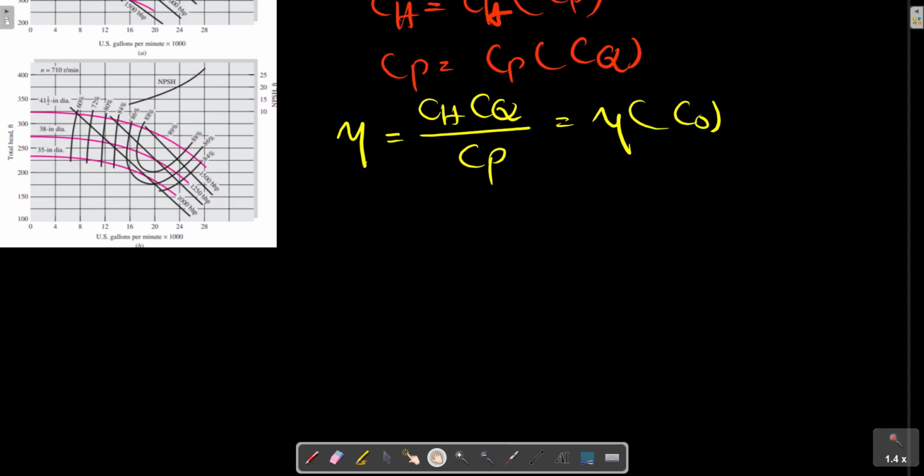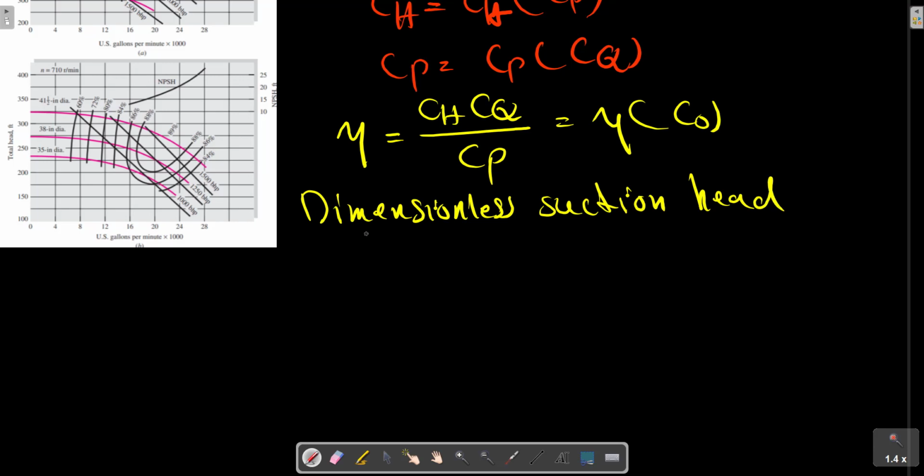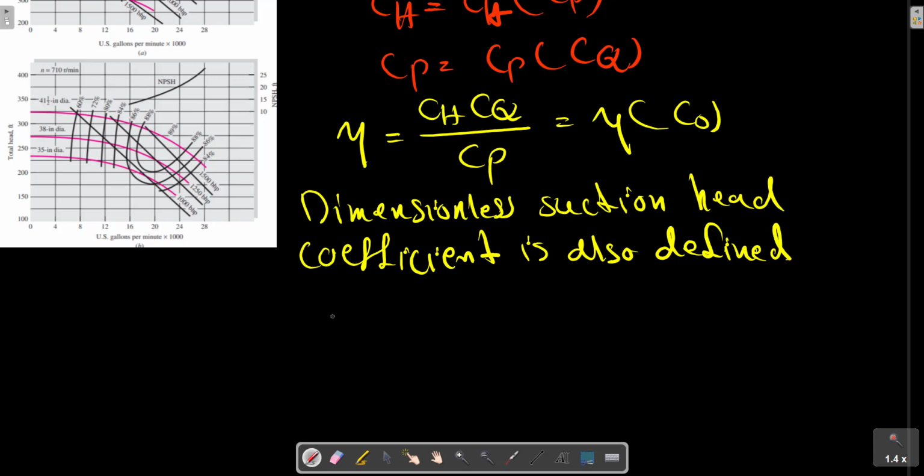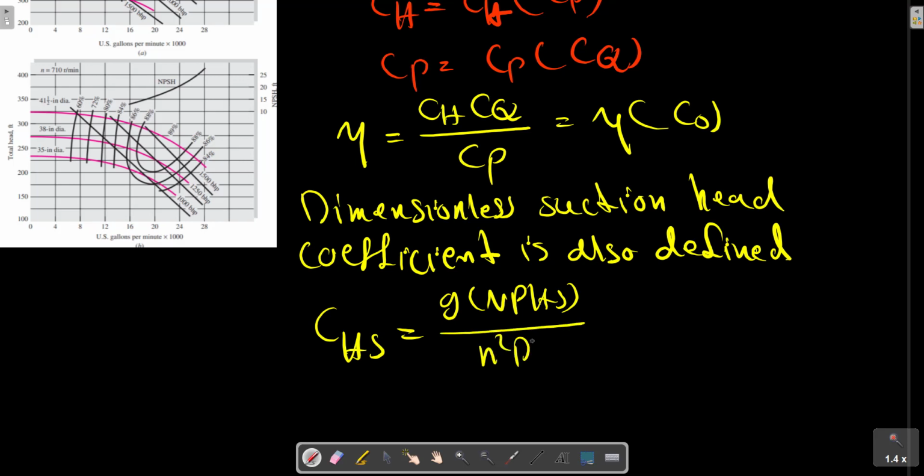The dimensionless suction head coefficient is also defined as CHS, equal to NPSH over N^2 D^2, and CHS is a function of CQ.